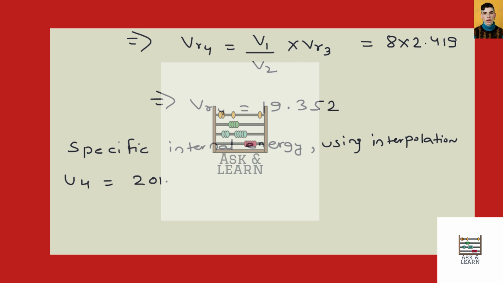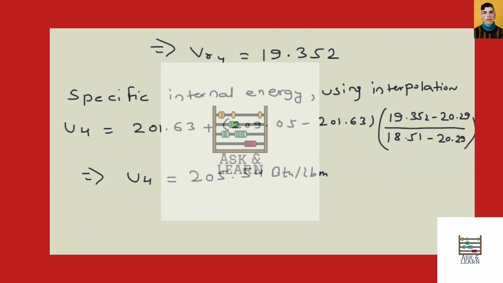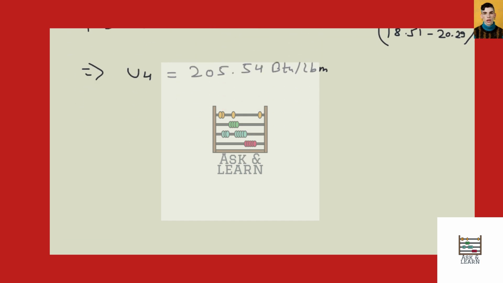U4 is equal to 201.63 plus (209.05 minus 201.63) under bracket (19.352 minus 20.29) by (18.51 minus 20.29). On solving, we get U4 is equal to 205.54 BTU per lbm.